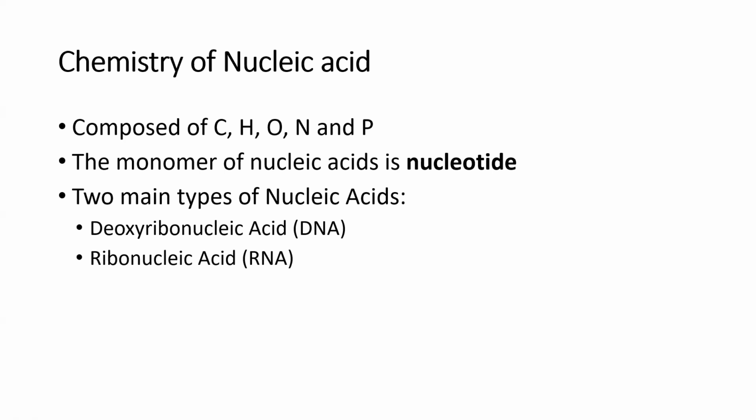There are 4 for DNA and 4 for RNA. I'll tell you what those are in a bit. There are two main types of nucleic acid. DNA, which is probably the one you are familiar with, stands for deoxyribonucleic acid.